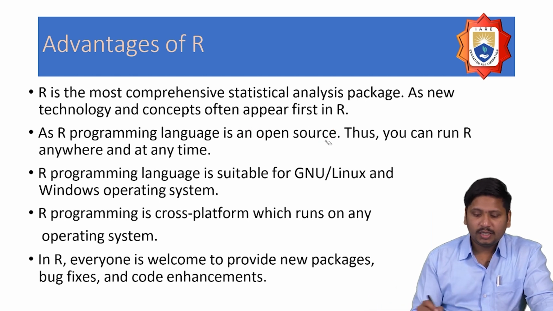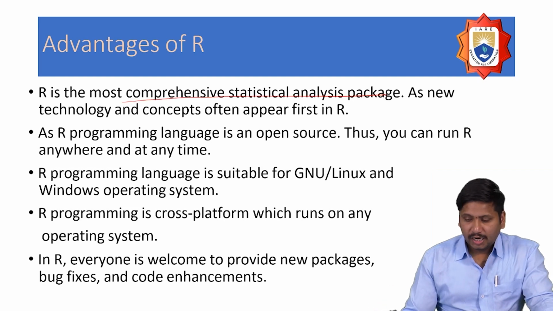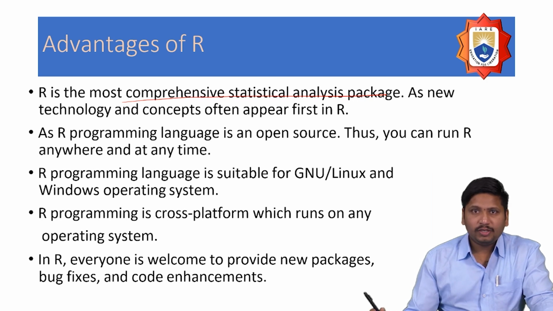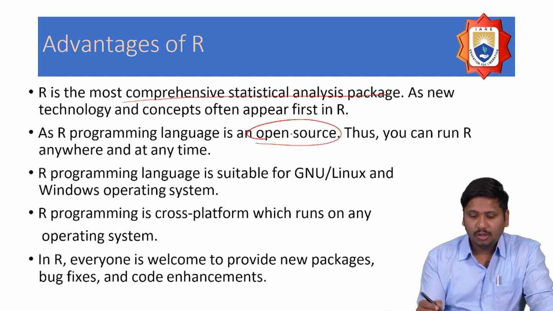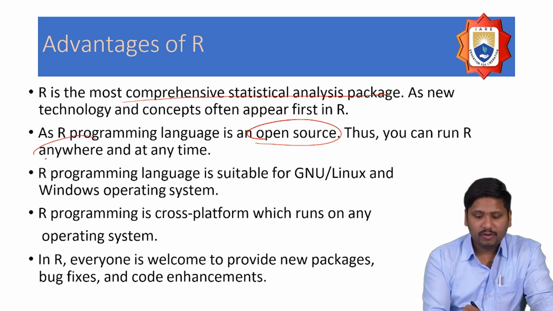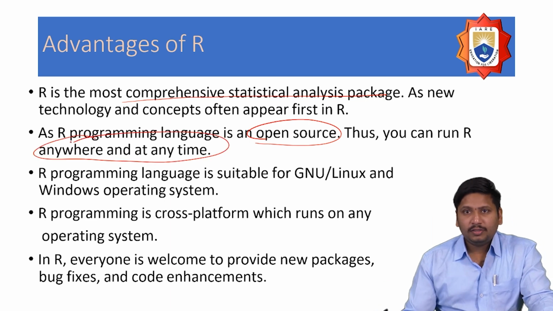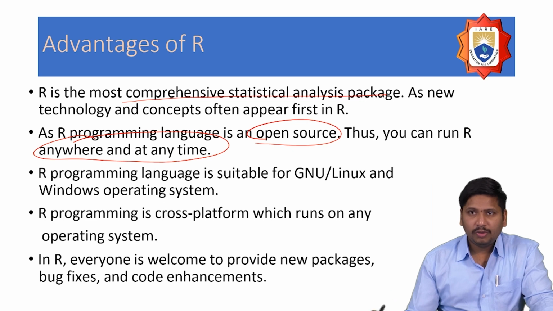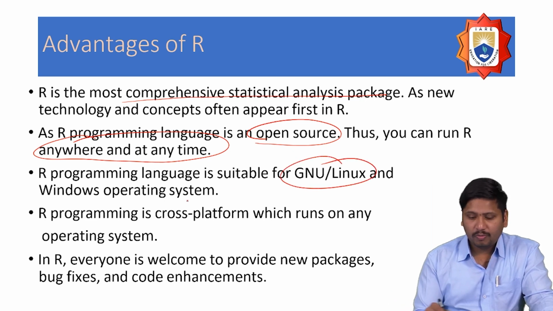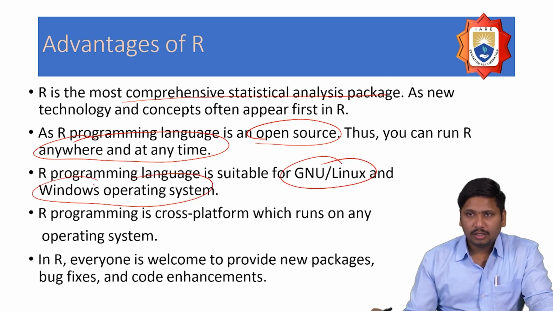So the advantages are that it is the most comprehensive statistical package, and it is an open source language, so I can run it anywhere at any time. R programming is also suitable for any kind of operating system, like GNU Linux, Unix, and Windows.